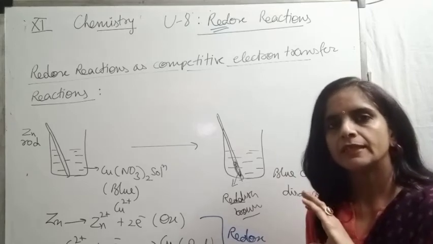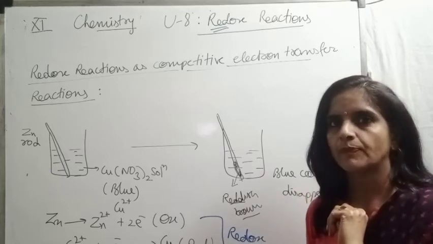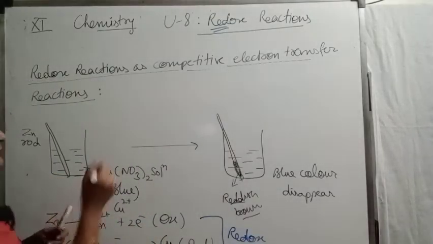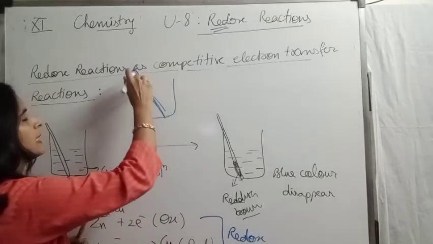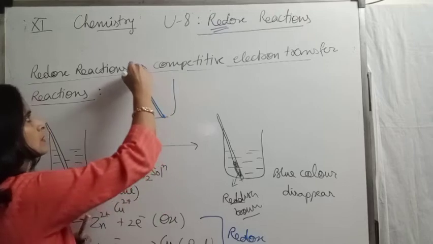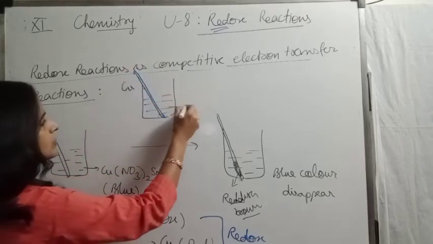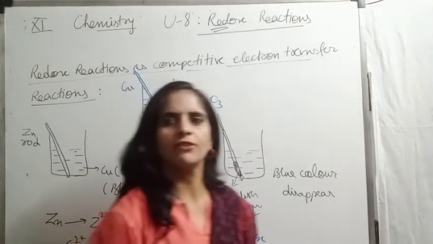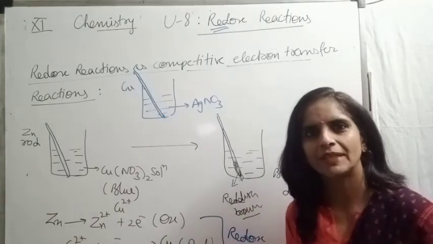But if we repeat the same experiment while changing these components, like in the next experiment, if I take a copper rod, what change am I introducing now? Here I am taking a copper rod and dipping it into silver nitrate solution, an aqueous solution of silver nitrate, and again leaving the apparatus for some time.